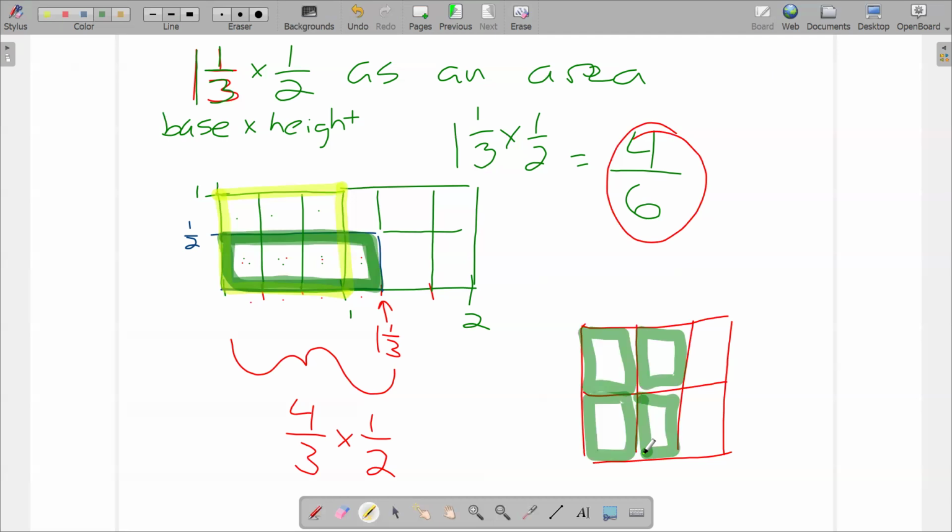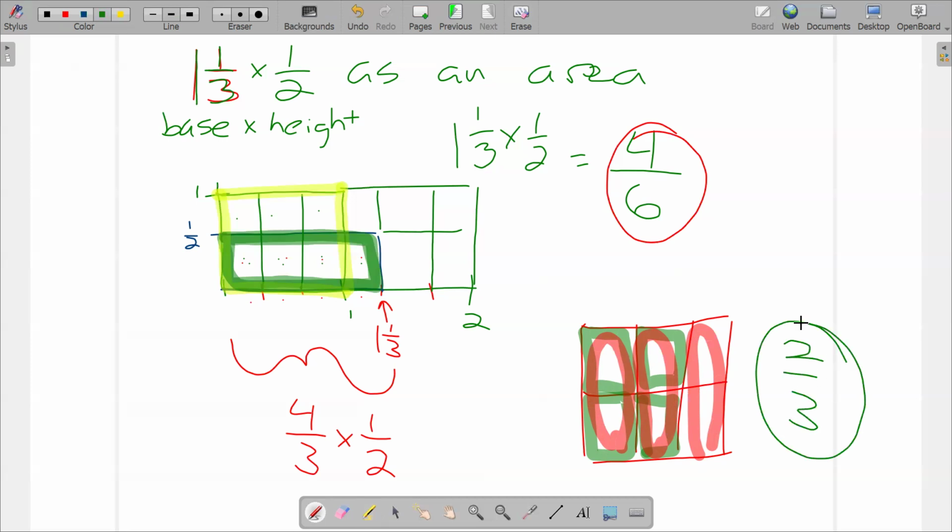And in that orientation, somebody might observe that, oh, that could also be called 1, 2 out of 3 equal pieces. So I can also justify that 2/3 is another way to describe that answer.